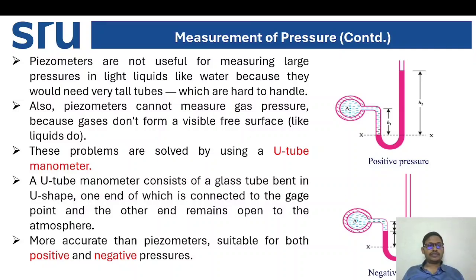Next, these problems are solved by using the U-tube manometer. Here there is a U-tube manometer which you can see, where both positive and negative pressure can be measured. A U-tube manometer consists of a glass tube bent in a U-shape, one end of which is connected to the gauge point and the other end remains open.